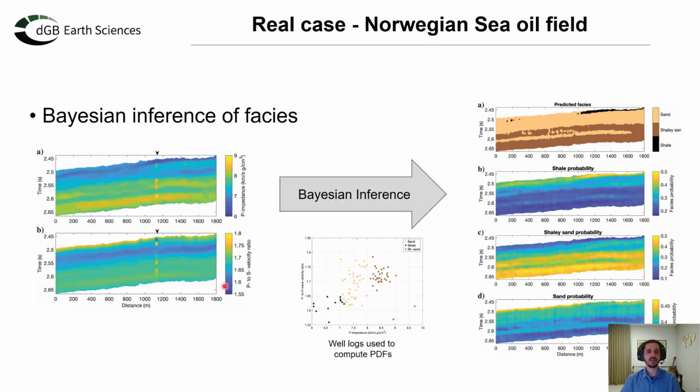And after that, based on the well logs, we separate 3 facies in the logs: sand, shelly sand, and shale. And then applying the Bayesian inference based on the well logs, we compute the probability of each facies, and for each point we evaluate which facies gives us the highest probability to define our most likely facies model here.